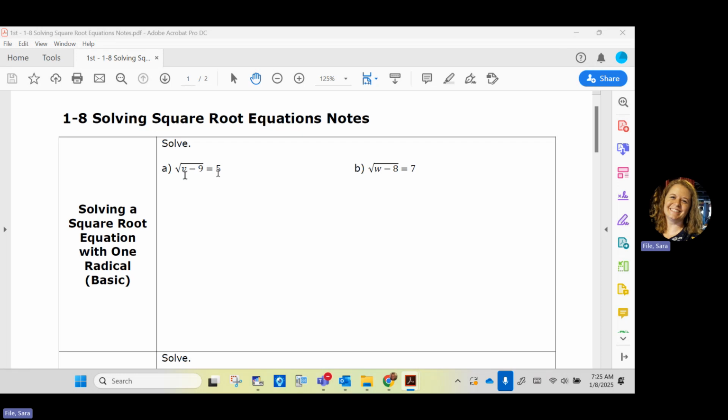But when we're dealing with square root functions, it's actually a step we're going to do every time, because you'll see part of the process of solving for a square root function is squaring both sides to get rid of the square root. And when you square both sides, you can create what's called extraneous solutions.